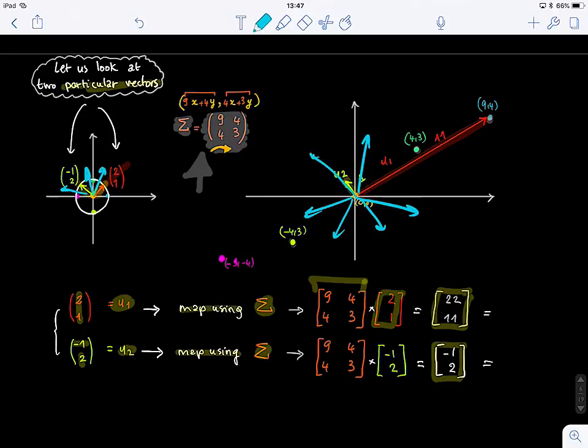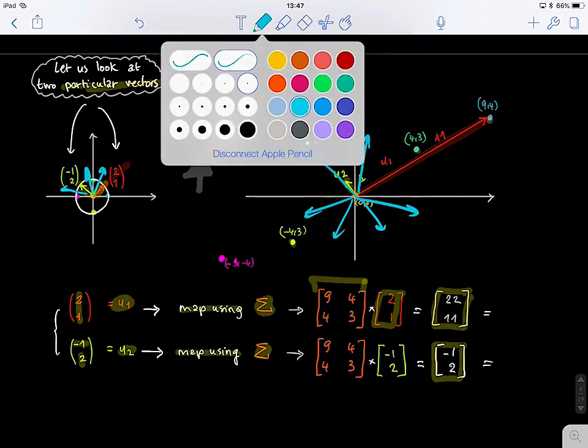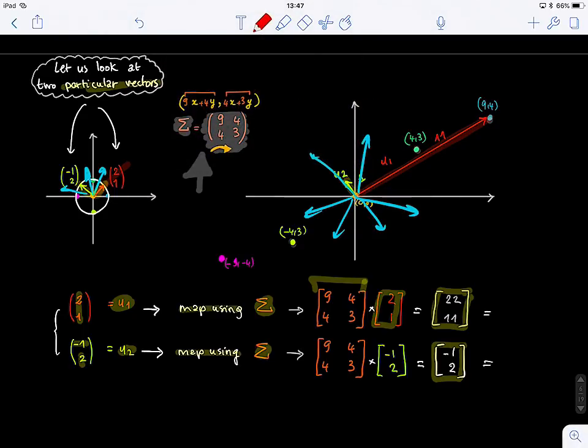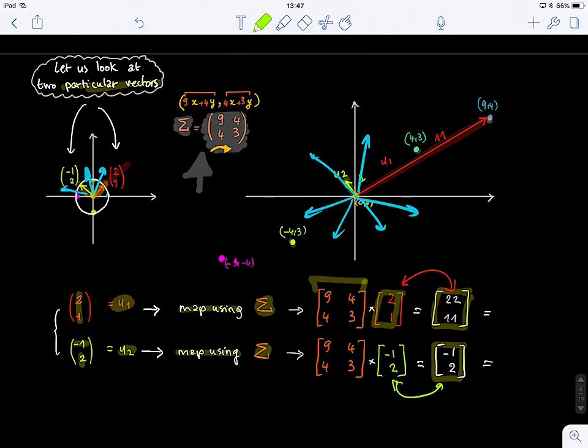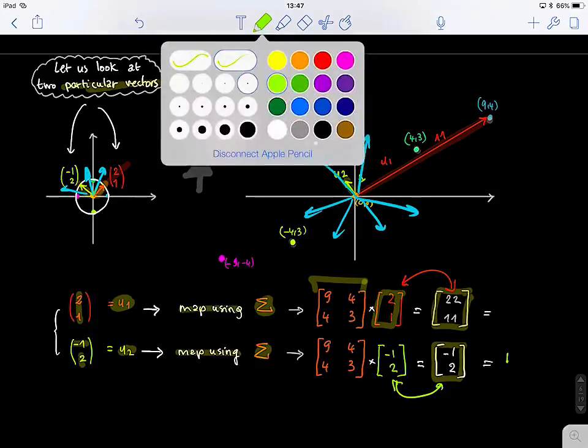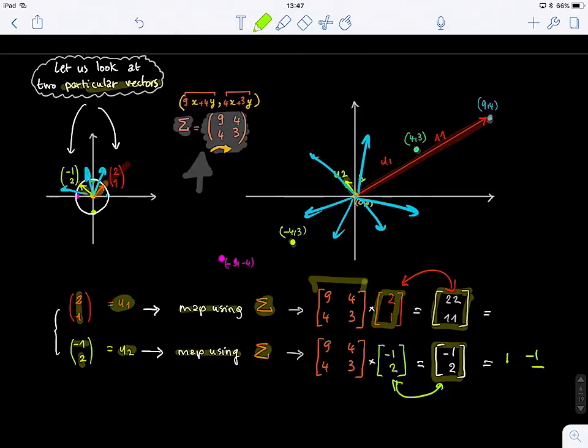These values are very special. What is the relationship between these two, and between these two? For the second case, they are identical: we get 1 times the original vector (-1, 2).